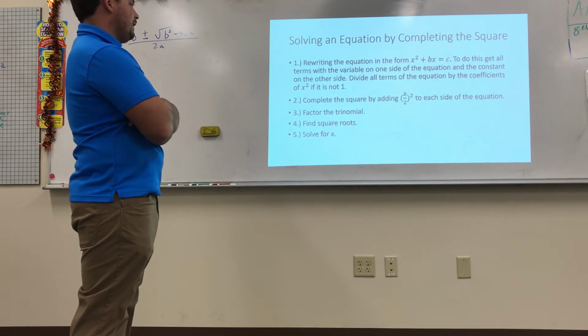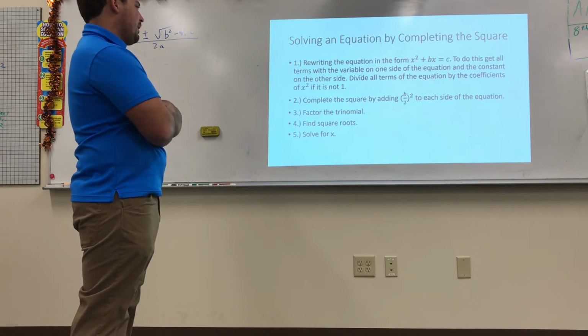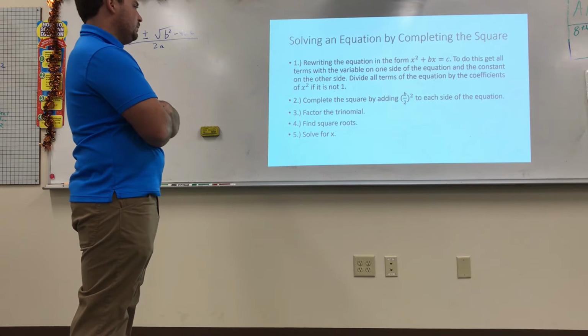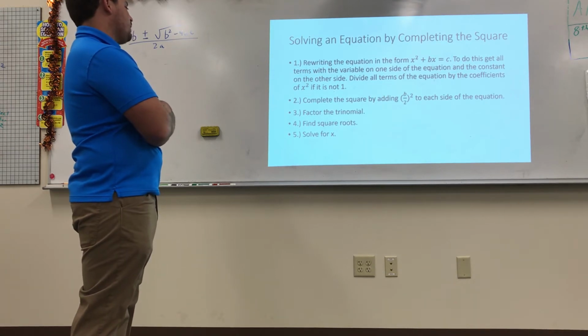So anything with a variable is on one side, anything without a variable is on the other side. Divide all the terms of the equation by the coefficient of x to the second if it is not 1. Complete the square by adding (b over 2) squared to each side of the equation. Factor the trinomial, find the square root, solve for x.